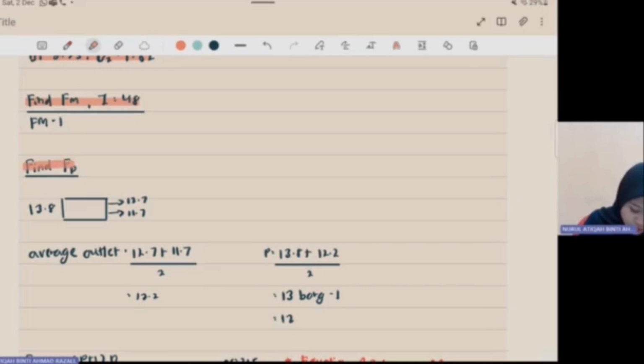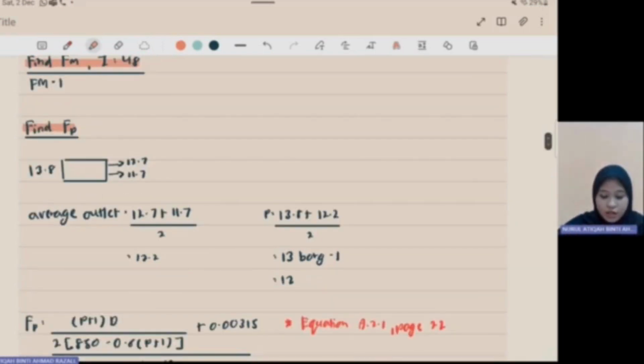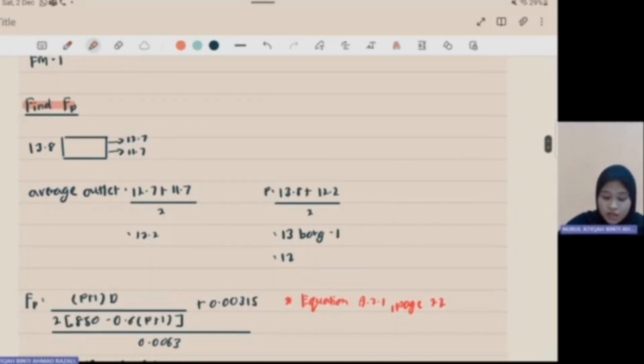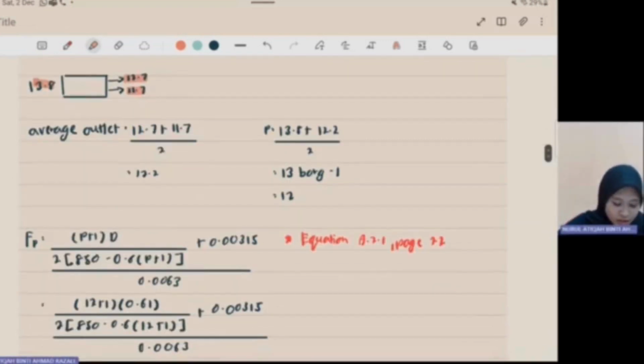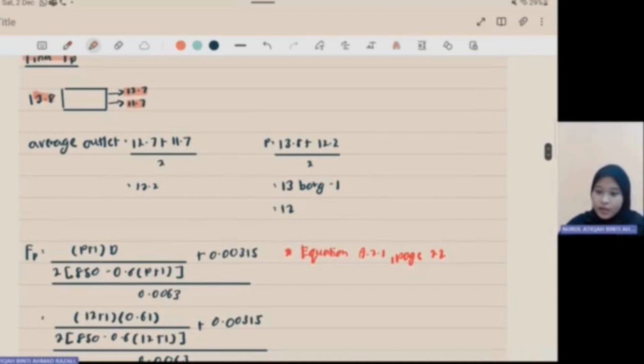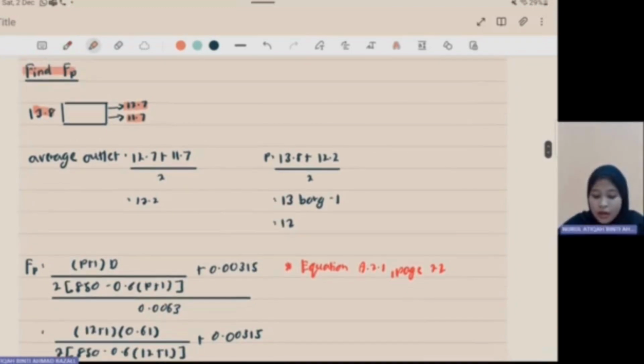Next, we need to find the FP. So we need to calculate the value of P using the pressure that is entering, which is 30.8, and the pressures going out, which are 12.7 and 11.7. We calculate the average outlet by adding the pressures going out divided by 2.